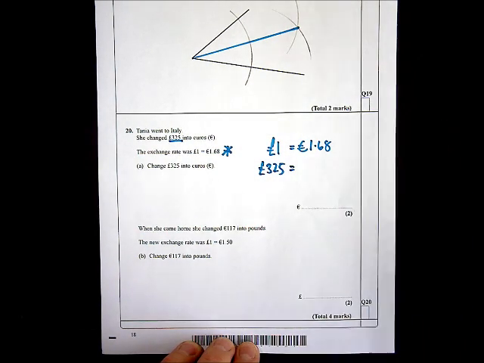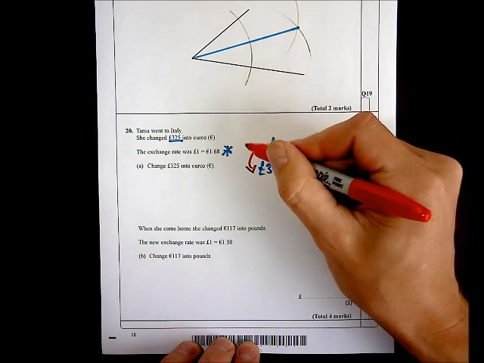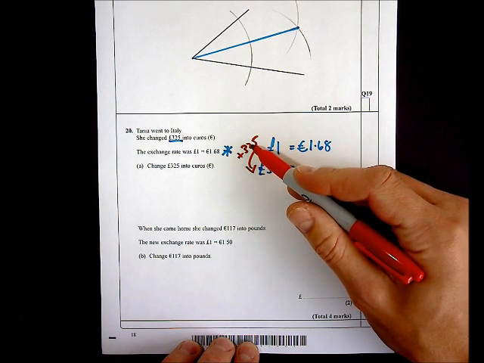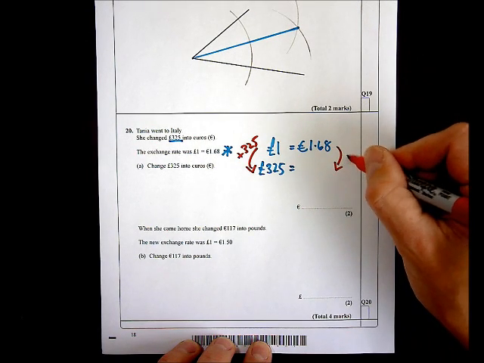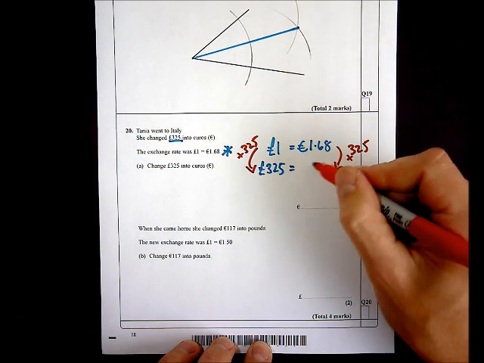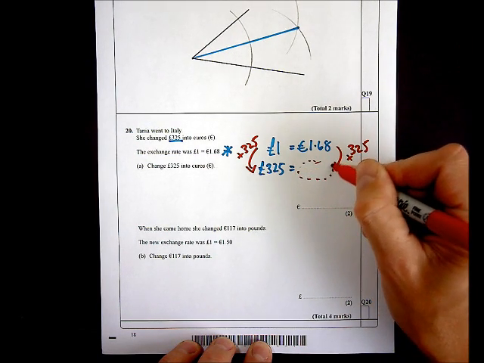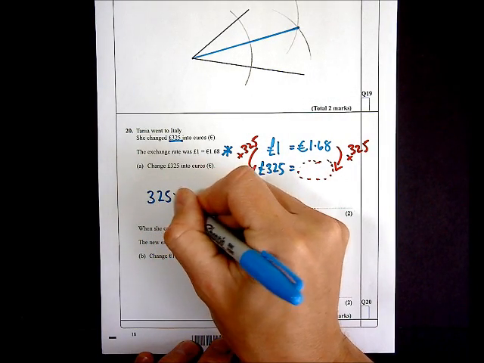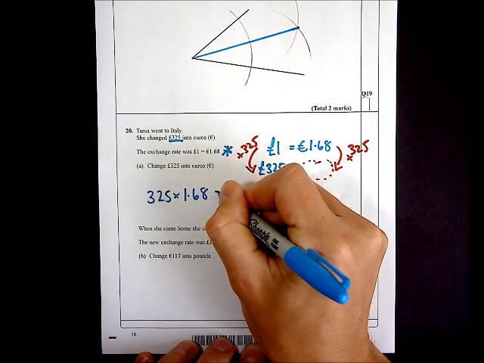So I can see that I'm going to require 325 lots of £1. So I'm going to multiply 1 by 325, and therefore multiply €1.68 by 325 as well, and that will give me this answer here, which will be how many euros.